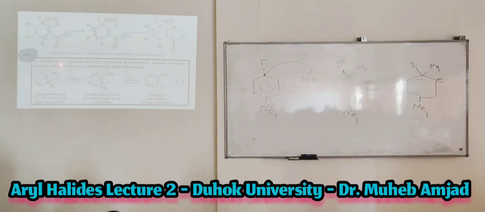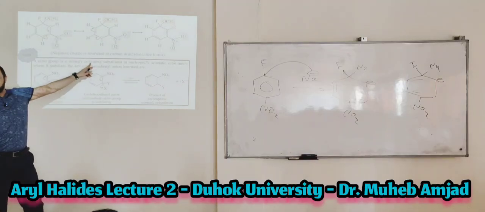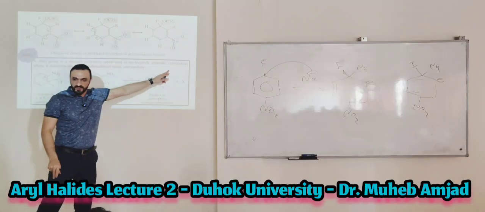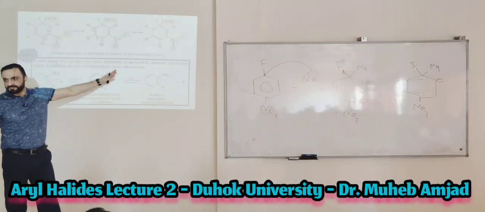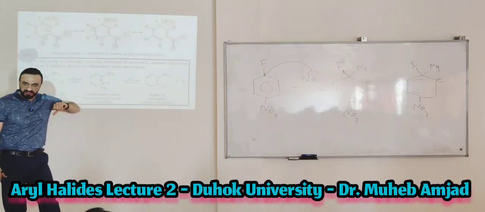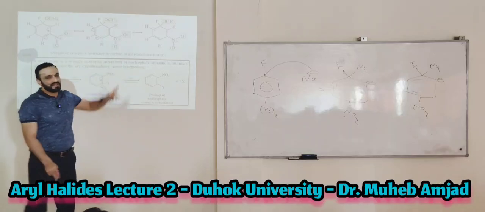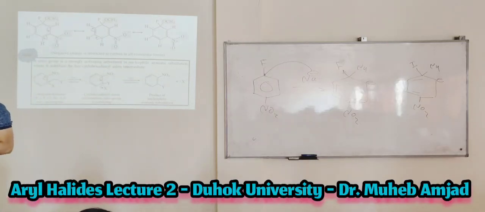Here, the nitro group is a strongly activating substituent. Look, it is an activating substituent in nucleophilic aromatic substitution, not in electrophilic. In electrophilic it is the opposite. The nitro group, if you remember, in electrophilic substitution is a deactivating group. But here in nucleophilic substitution, no, it will be an activating group. That is, the reverse of what we have seen in electrophilic aromatic substitution.